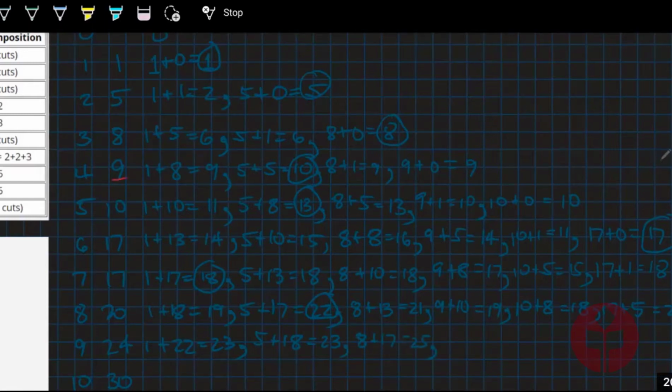Fourth calculation is 9 and 13. So 9 plus 13 is equal to 22. Fifth calculation is 10 and 10, right?